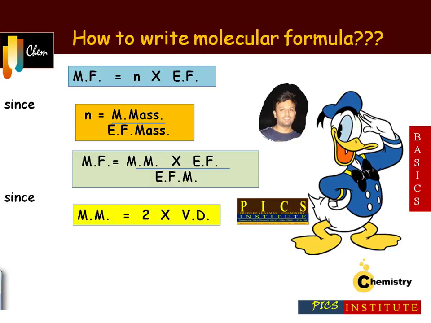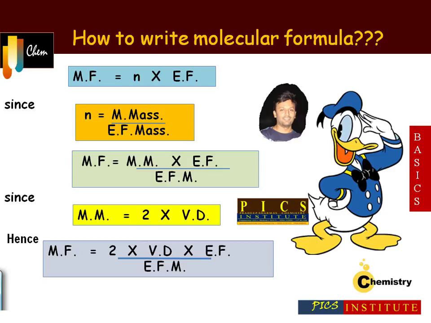We also know molecular mass is equal to 2 into vapor density. So if we put the value of molecular mass in the above equation, we have a new formula, that is molecular formula is equal to 2 into vapor density into empirical formula upon empirical formula mass.